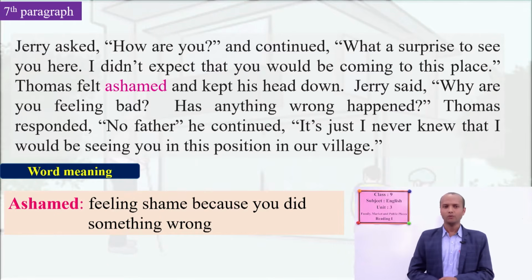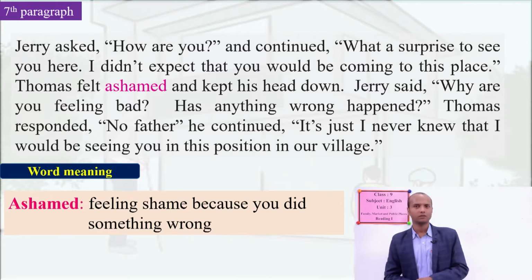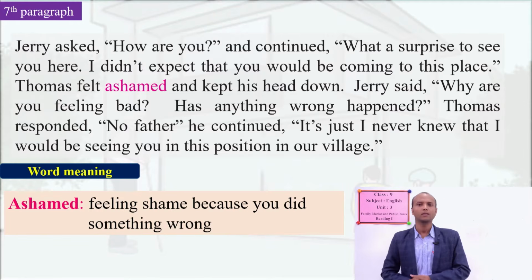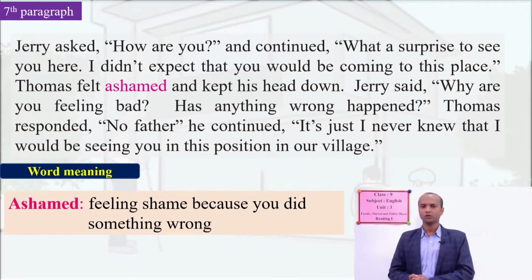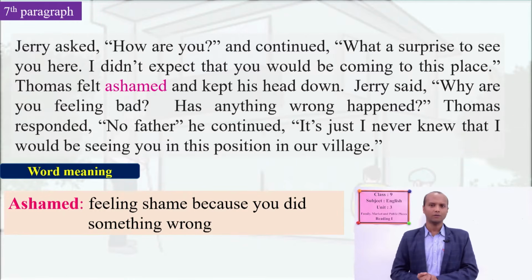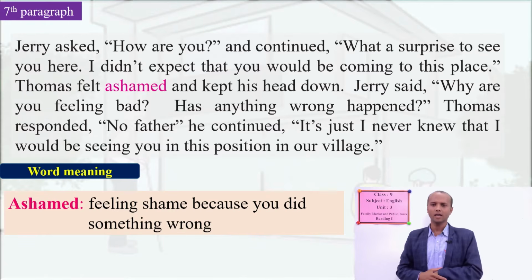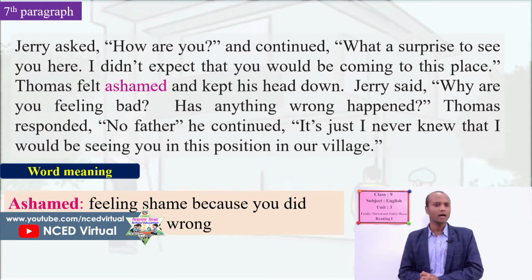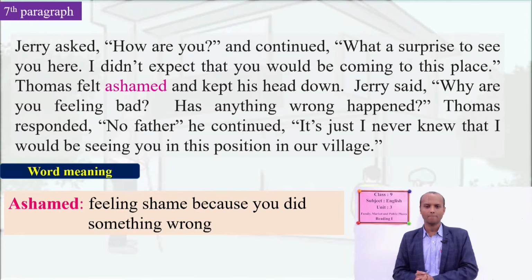Okay. As soon as Jerry met his son Thomas, he asked, "How are you, dear son? What a surprise to see you here. I didn't expect that you would be coming to this place." Means unexpectedly the son was there. And he kept his head down. It means he felt kind of shyness, and the father again asked, "Why are you feeling sad or bad?